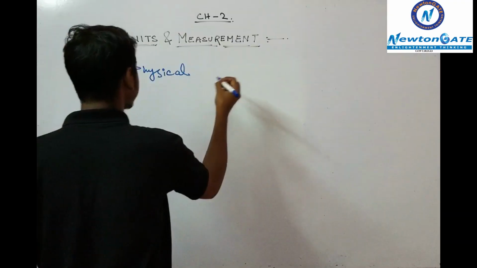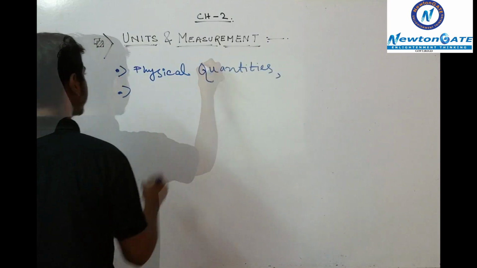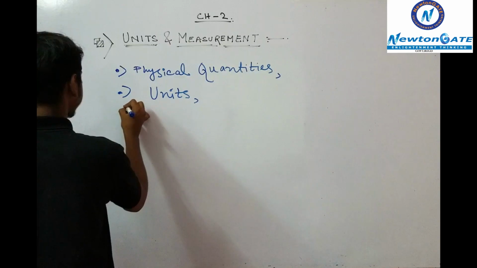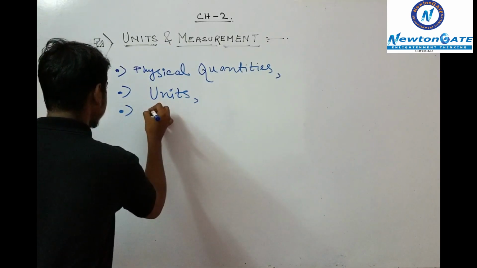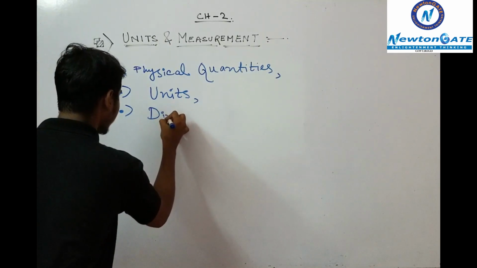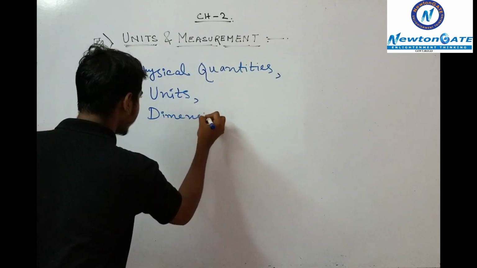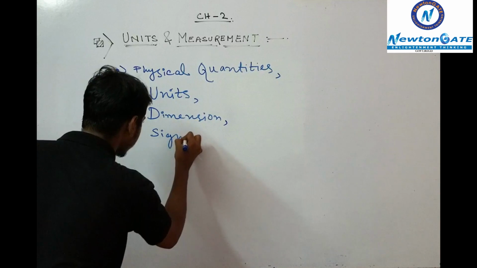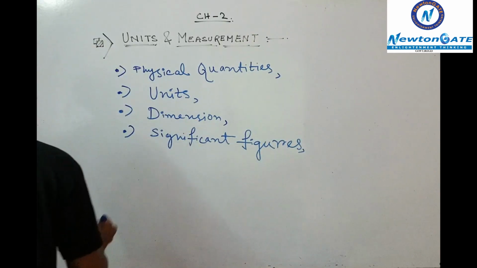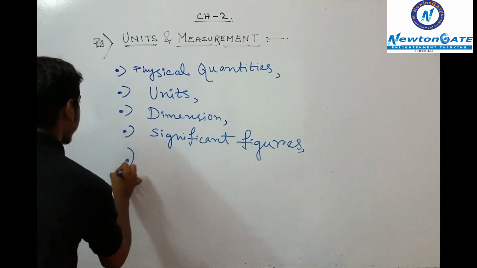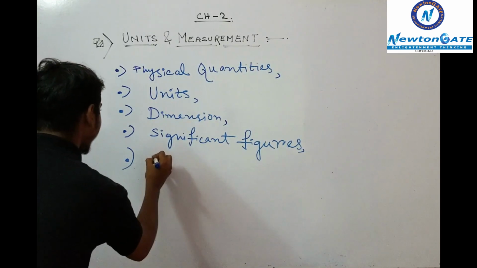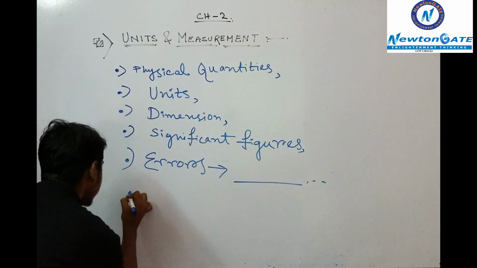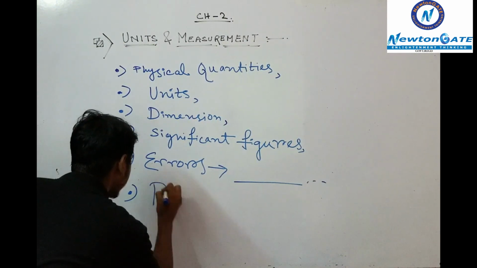Today in this video we'll discuss the second chapter of class 11, units and measurement. We'll learn about physical quantities first, their units, and dimensions. This will be a new thing we will be studying in this chapter. Then significant figures, errors, and last, the easiest thing, rounding off.